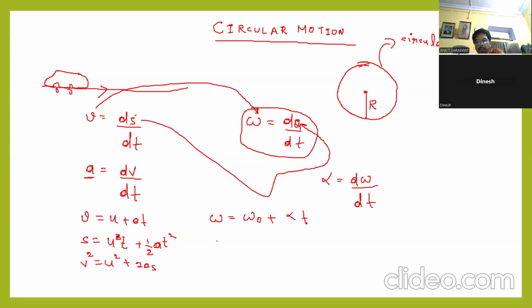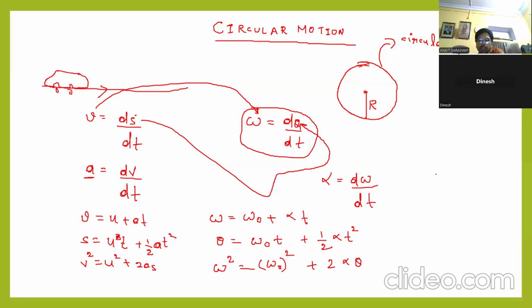In place of s, theta equals omega naught t plus half alpha t square. v square equals u square means omega final square equals omega naught square plus 2 alpha theta. So nothing is changed, only the symbol is changing. Clear? In place of v, we are using omega here.